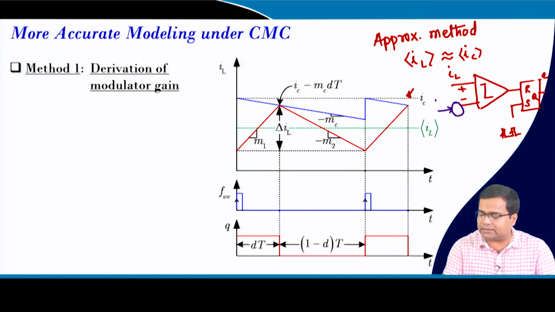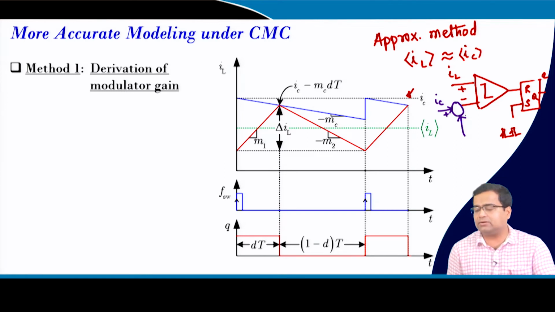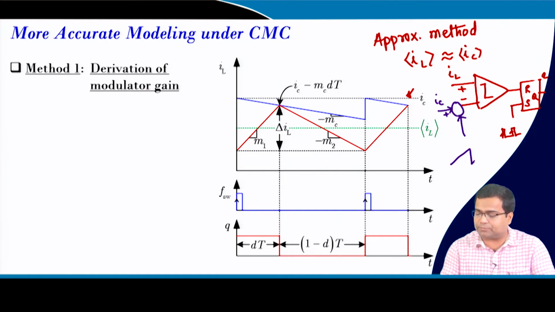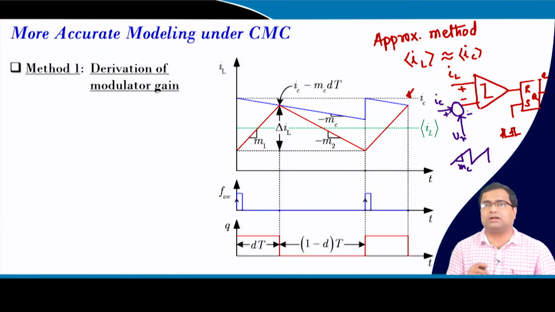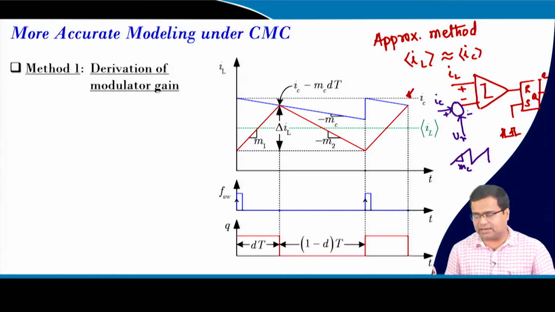IC is the output of the voltage controller, but in addition to that we are considering a ramp compensation, which is like a sawtooth waveform with a slope of MC. This is generally subtracted from the peak current or added to the inductor current. Both are identical.